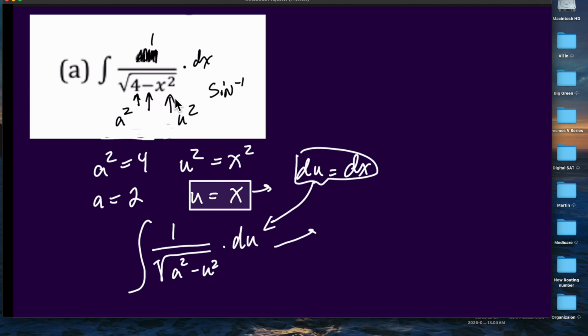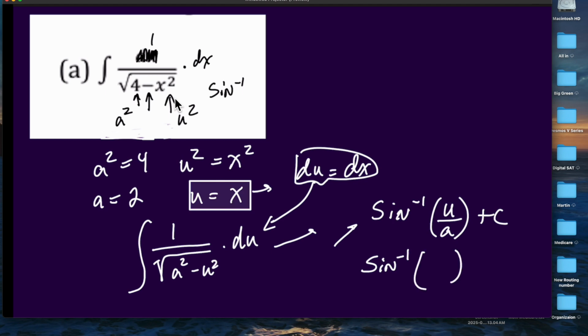This is inverse sine. Now for the solution, recall that inverse sine is simple. All it has is the u over a plus c. There's no fraction out in front. So we're just going to replace the u and the a accordingly. So our u equals x, our a equals 2, and that is our final indefinite integral.